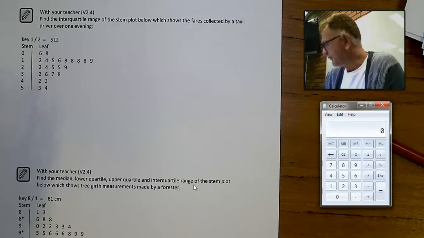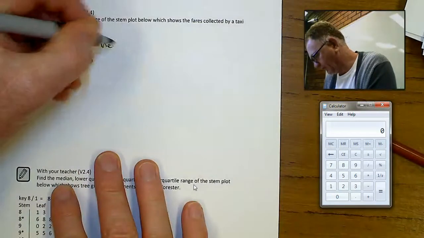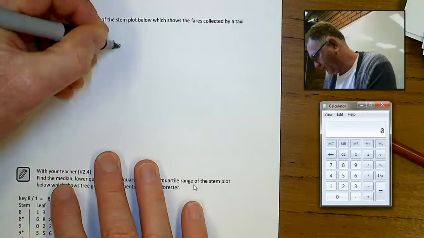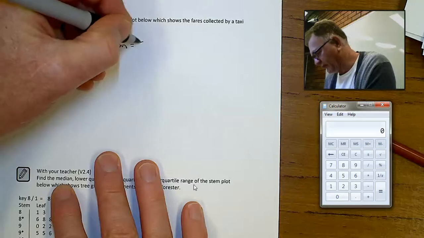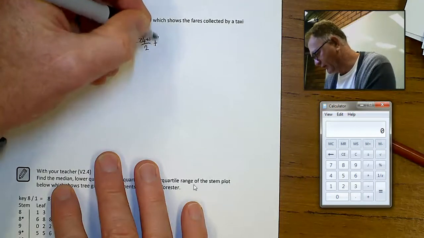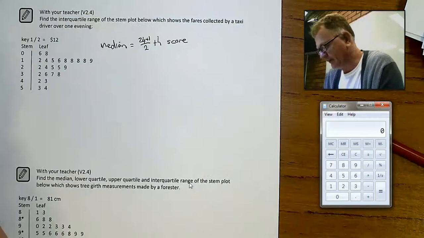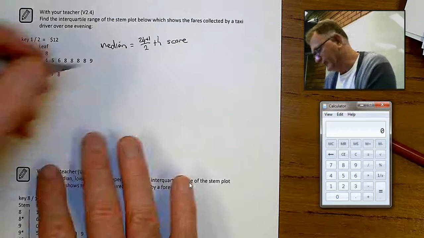So that will make the median equal to 24 plus 1 over 2 score. That's the position of the median, which will make it the 12.5th score.